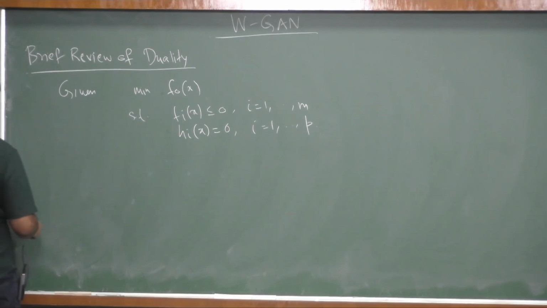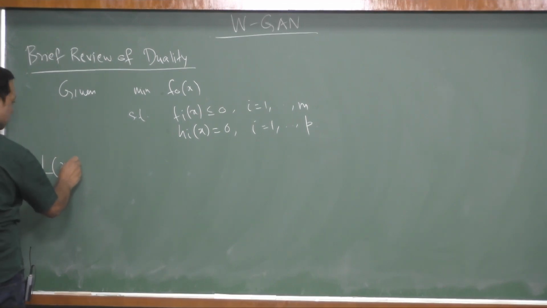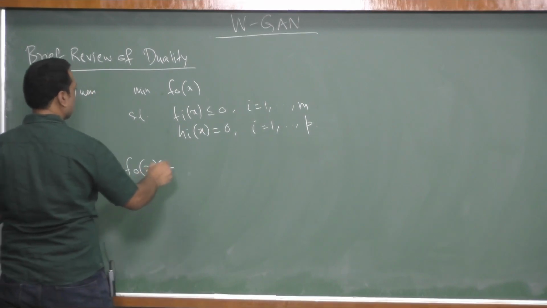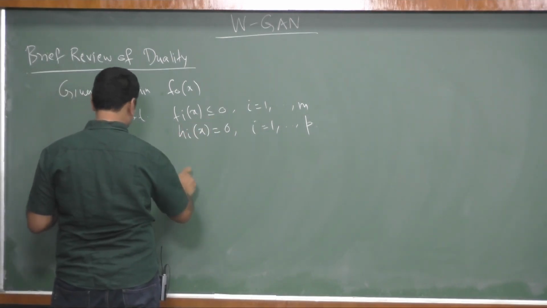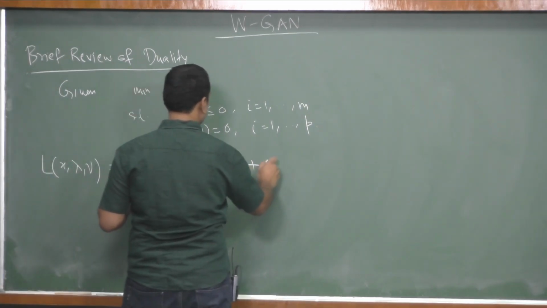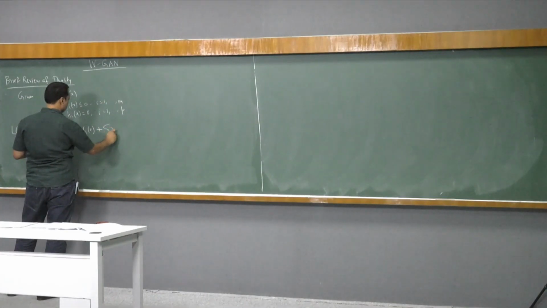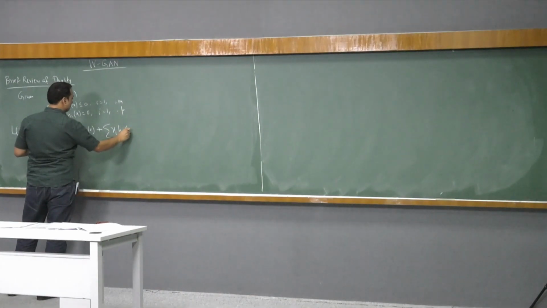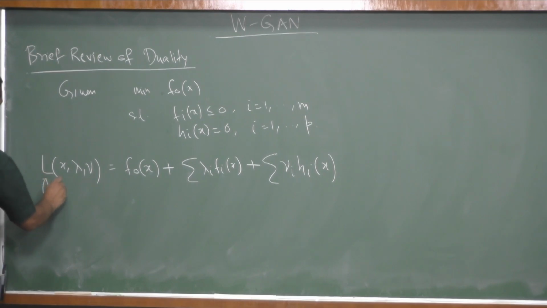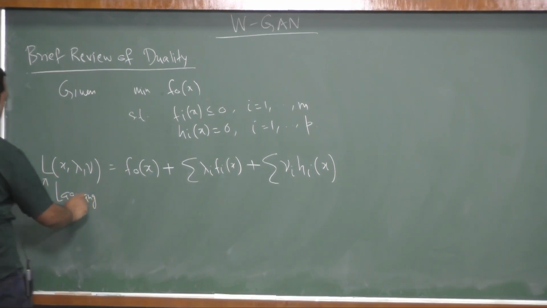So I construct a function L(x, lambda, nu), and this is f_0(x) plus the sum of, let's say, lambda_i f_i(x) plus the sum of, let's say, nu_i h_i(x). Okay, so this is called the Lagrangian. It's the name of a mathematician.